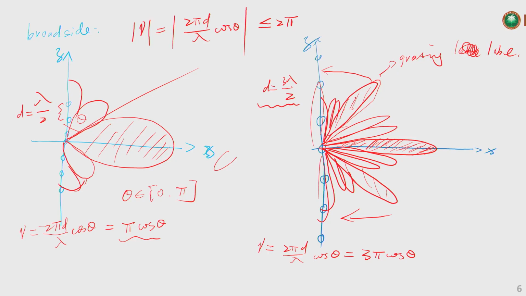So what we need to do for this, if we want to set the main lobe as we need, is restrict the distance between two adjacent array elements.